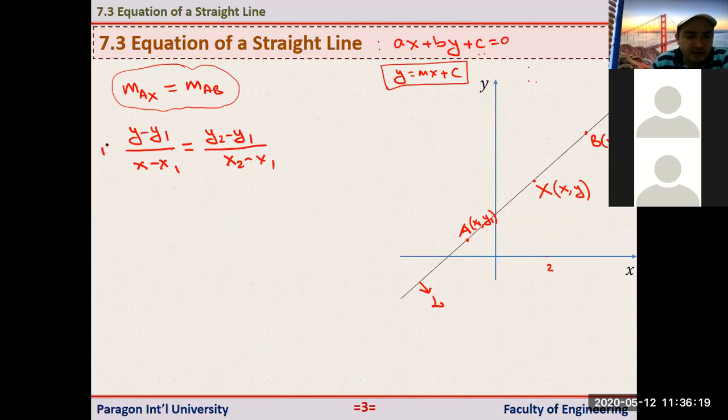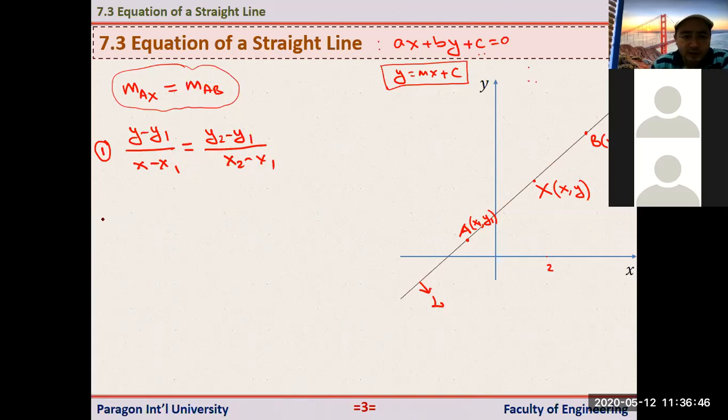That gives us the first form of the equation of a straight line, which we call the 2 points form, because 2 points are given, so using this I can write the equation of the straight line. After that, I know x1, y1, and I can simplify this. Take x minus x1 to the right-hand side, and I can simplify this.